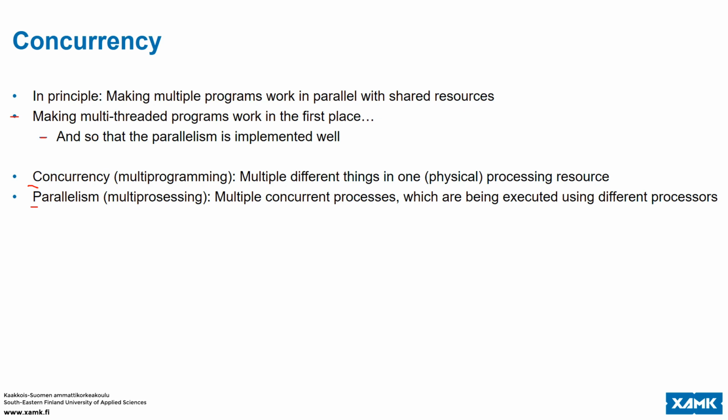What concurrency means is multi-programming: we have multiple different processes running on one physical processor. Parallelism, on the other hand, means we could have multiple concurrent processes being executed using multiple different physical processing units. So the difference between multi-programming and multi-processing is key here.